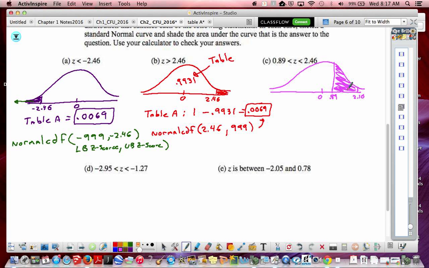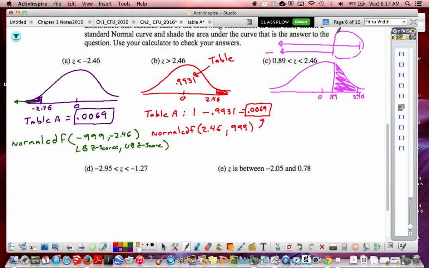What we're basically going to do is calculate the area of 2.46 from our table, which will be everything, and then we'll subtract out this area, leaving us the area that we want.